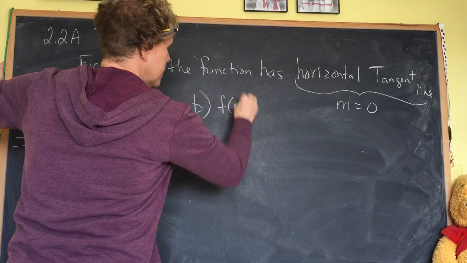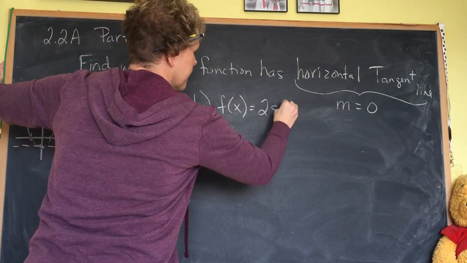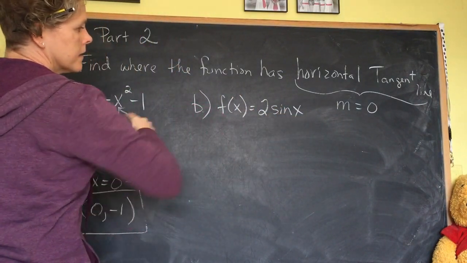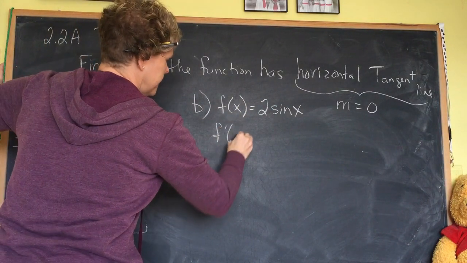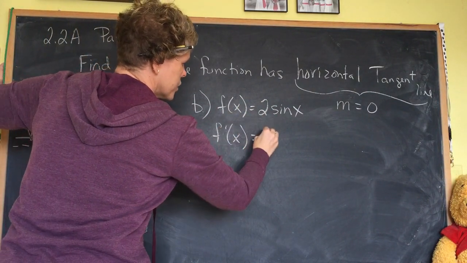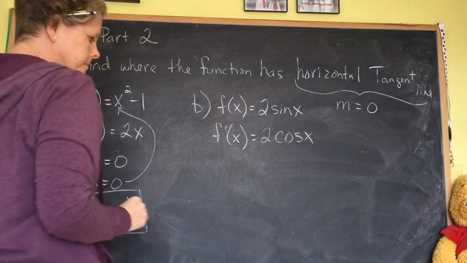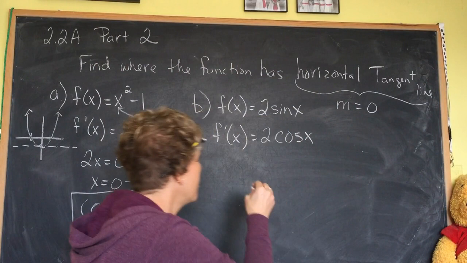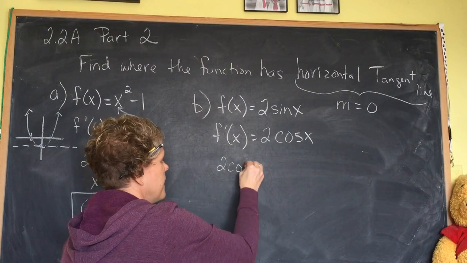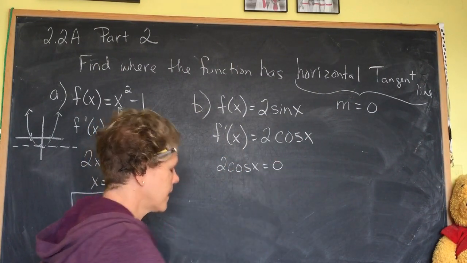2 sine x. All right, take the derivative. The 2 doesn't change. Derivative of sine is cosine. Okay, so now I'm going to take that 2 cosine of x and set it equal to 0.